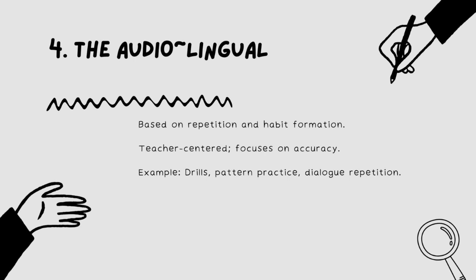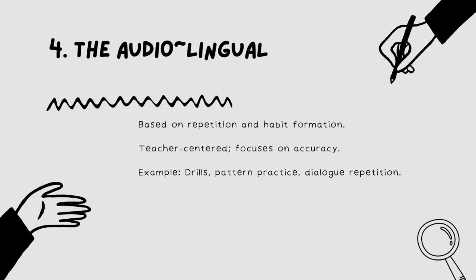The teacher usually presents a dialogue and students repeat it several times until they can say it fluently. There are also pattern drills, substitution exercises, and memorization activities. For instance, the teacher might say, "This is a book," then students repeat, "This is a book."